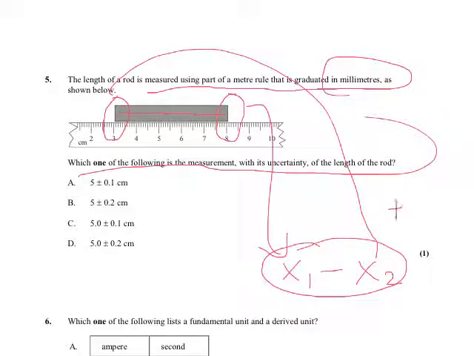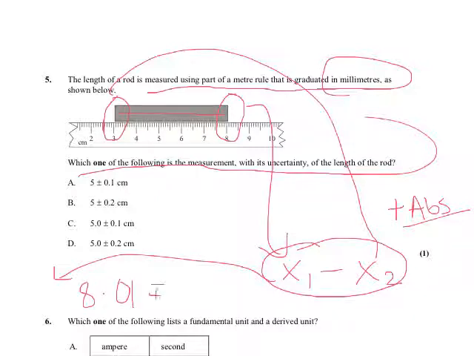You add the absolutes. So our first measurement, if we have a look at x1, would be something along the lines of 8 point, and it's in the middle, so it's 0.1 plus or minus, well, it's half the smallest interval, so it's 0.05.